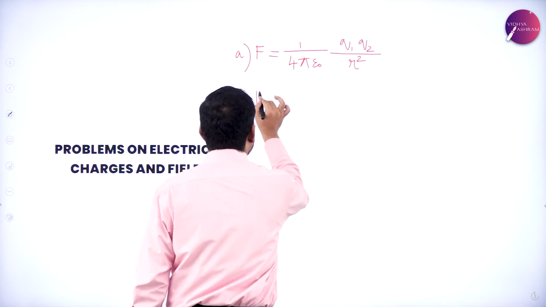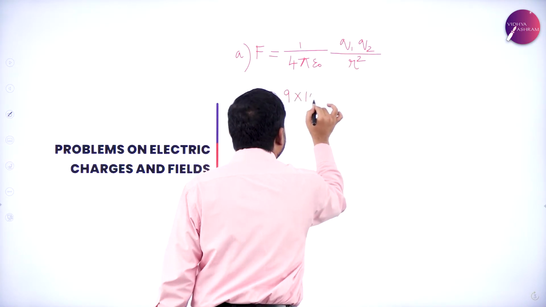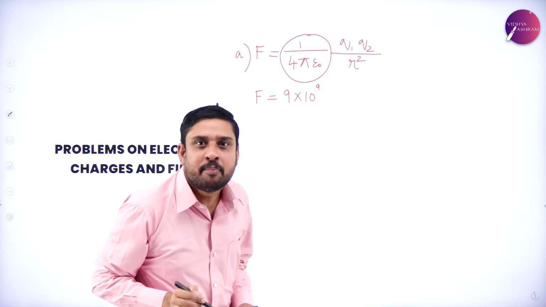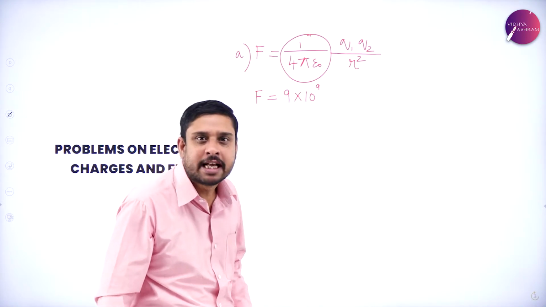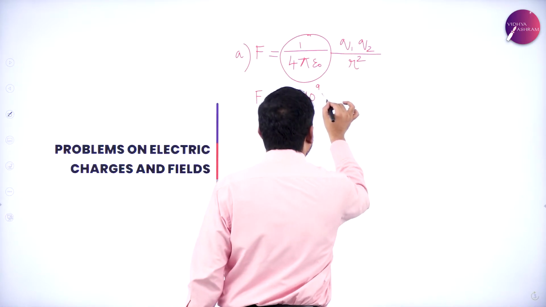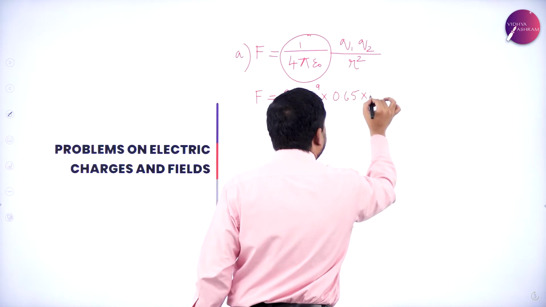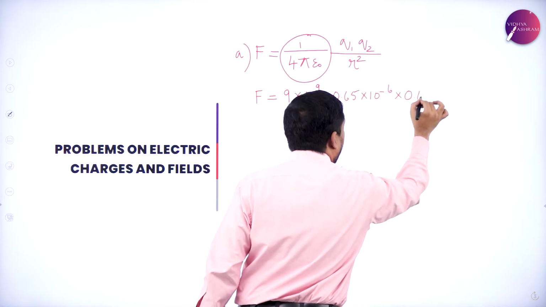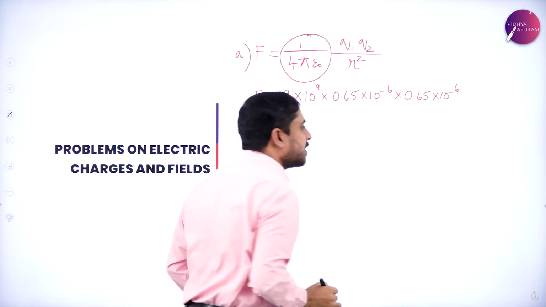So this is F equals 9 into 10 power 9. The value of 1 by 4 pi epsilon naught is 9 into 10 power 9 into 0.65 into 10 power minus 6 into 0.65 into 10 power minus 6.